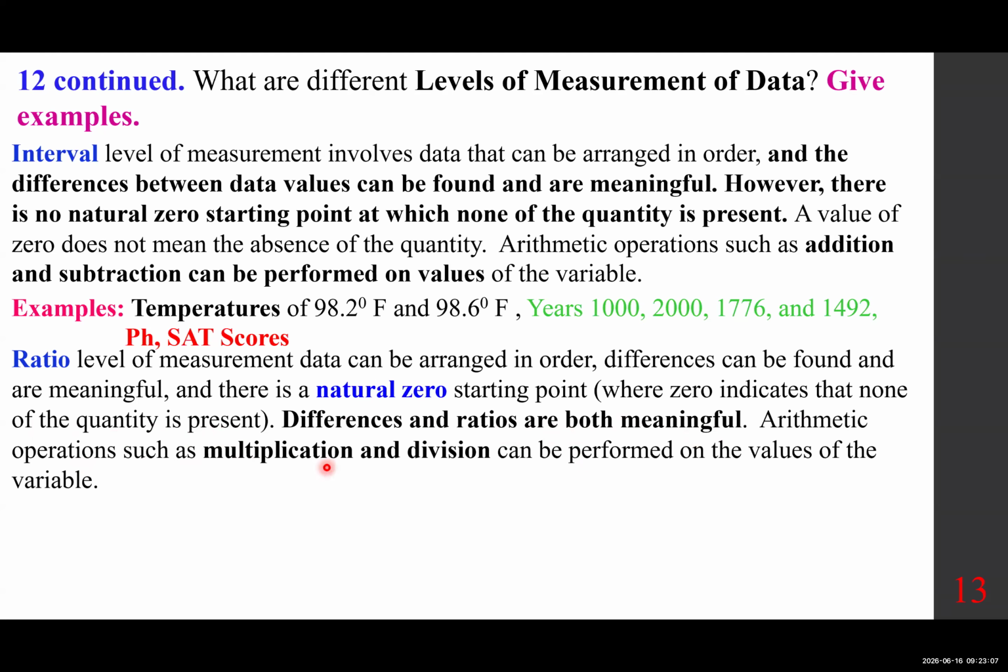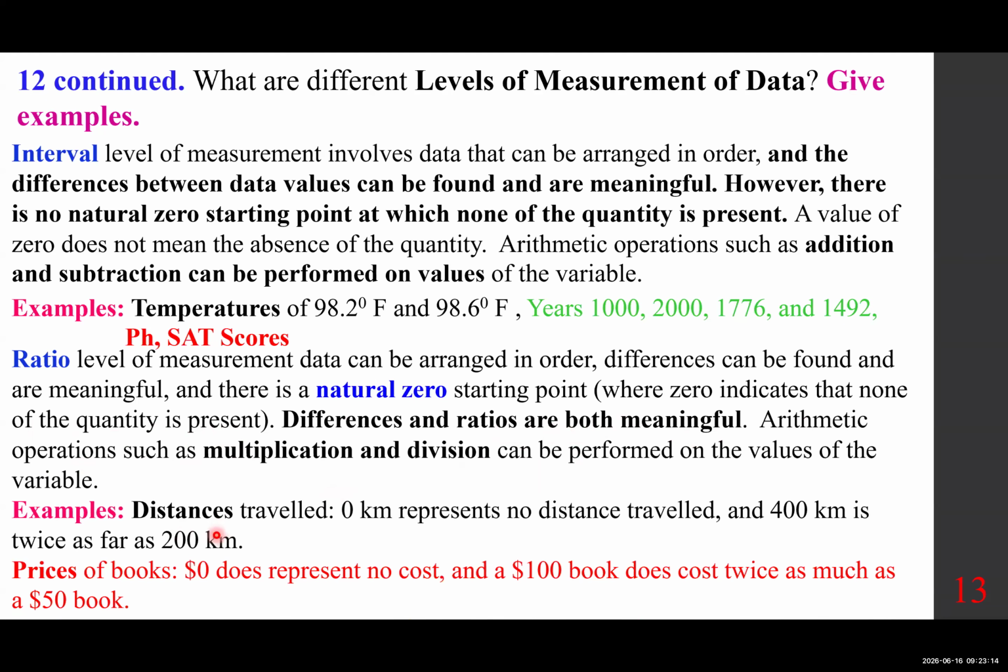Arithmetic operations such as multiplication and division can be performed on the values of the variable. Examples: distances traveled. 0 kilometers represents no distance traveled, and 400 kilometers is twice as far as 200 kilometers. Prices of books. $0 does represent no cost, and a $100 book does cost twice as much as a $50 book. So that makes it, I think, sort of easy to understand and distinguish among those.